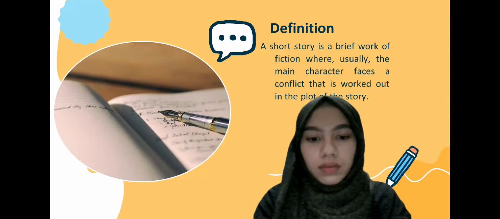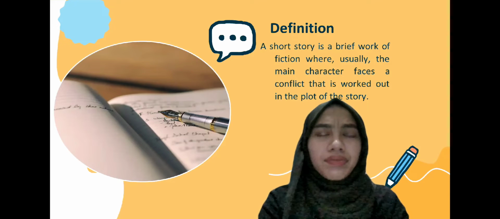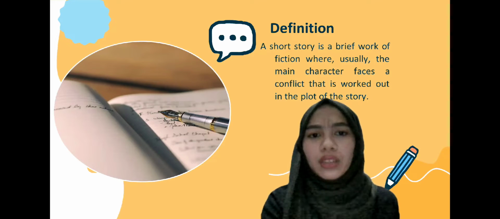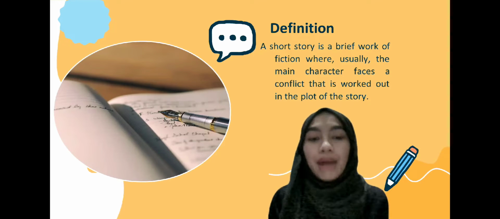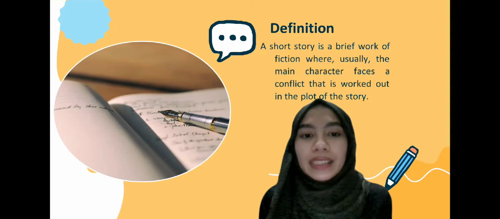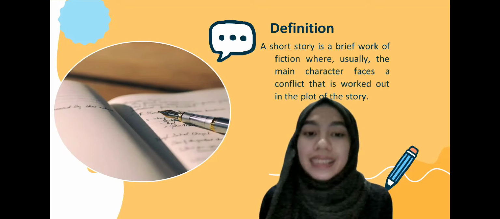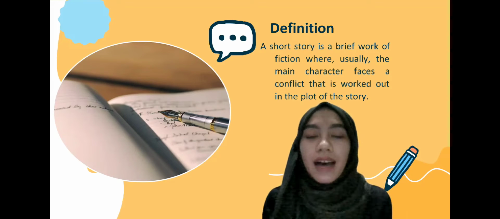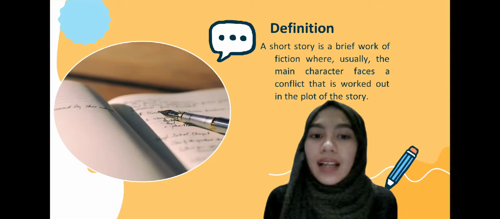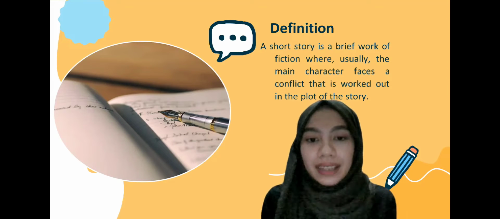Well, as I know, a short story is one of the most common forms of writing. It is often used to describe a single event, a single episode, or a tale of one particular character.